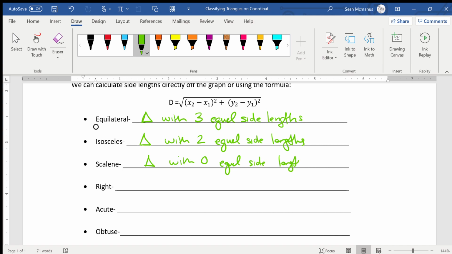If I find that the lengths of all 3 sides are all different, there are no congruent sides, then that would be a scalene triangle. We are going to be doing these 3 classifications primarily in our class. That's where we're really going to be doing our work.